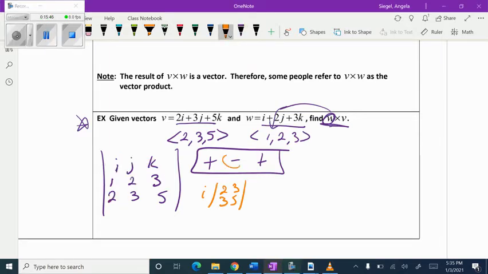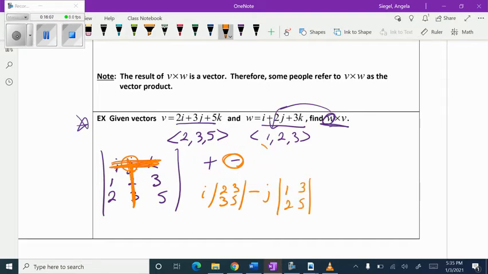So this is a minus, and we do the second one, J. For this determinant, I cross out the row and column it's in, and I'm left with 1, 3, 2, 5. Lastly, I'm going to do plus K, cross out its row and column, and I'm left with 1, 2, 2, 3.